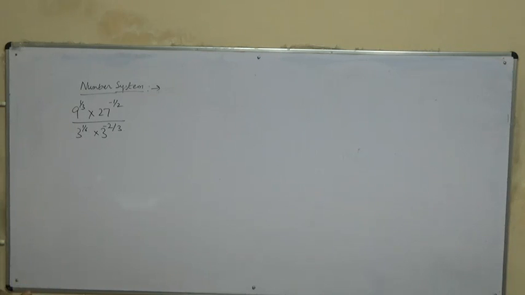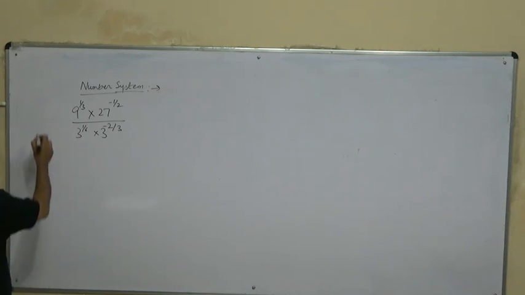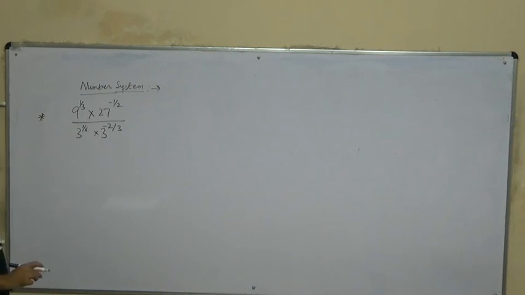So we see this question has got different exponents and different bases. Moreover, in the denominator we have got the same base 3 and 3, and there also we can change this to 3. So we change all these bases to 3 raised to power.